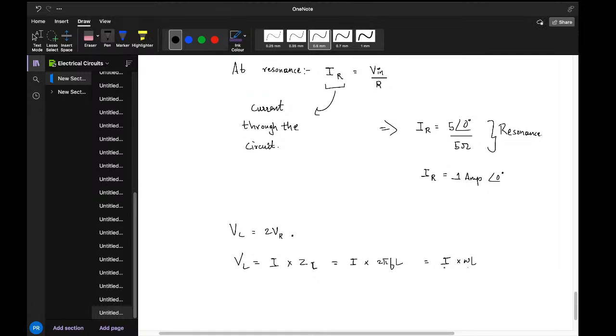Okay, we don't know the value of WL over here, so V of L is equal to I times WL.